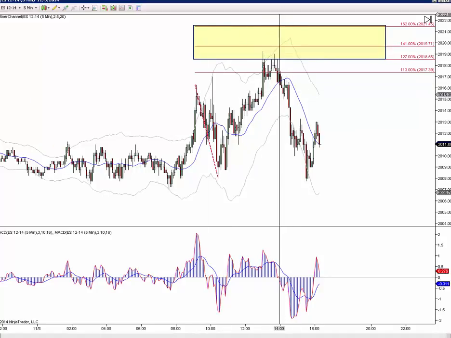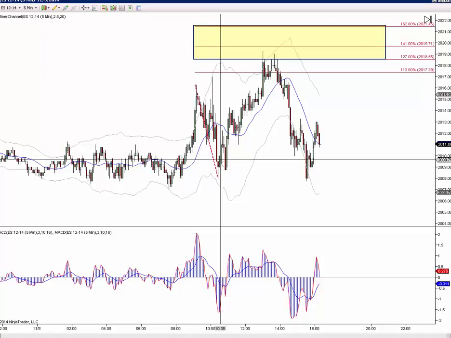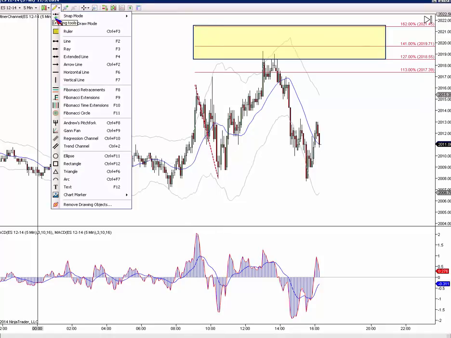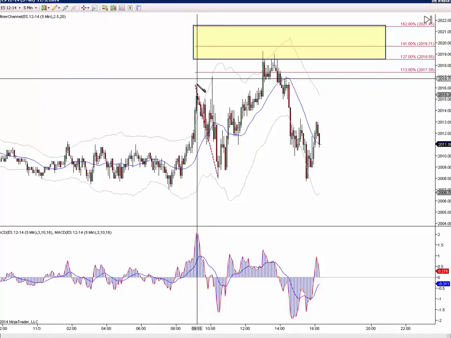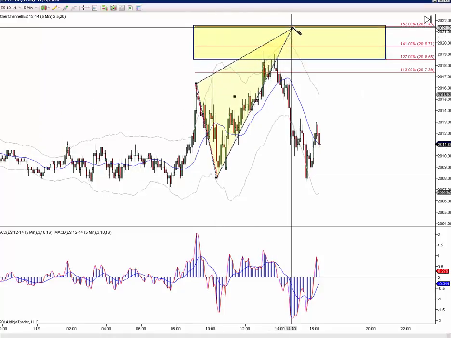Although there is no resistance above in terms of price, we do have Fibonacci extensions, and by doing our chart work, we have swing high, swing low, and the zone to watch.